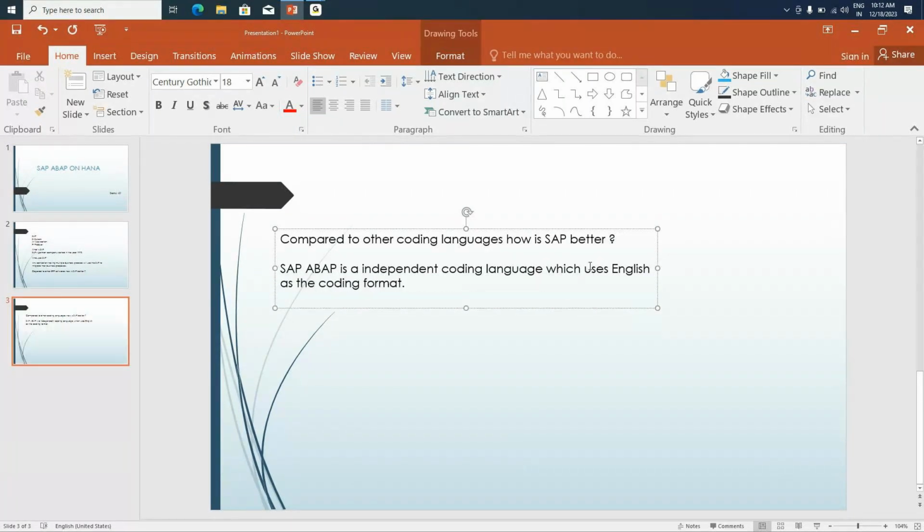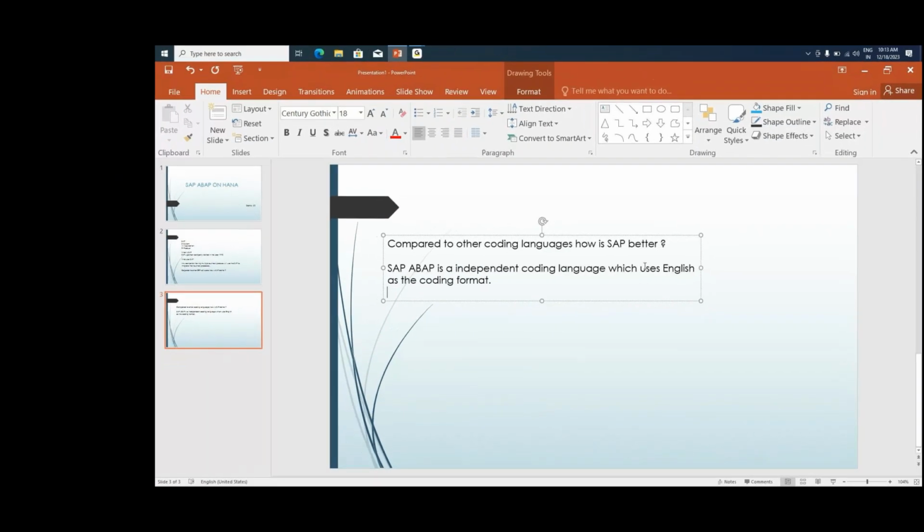That means we do not have any special code symbols like pipe symbols. We do not have flower brackets. We don't use brackets as such. We only write normal English terminologies to extract the data and to show the data. So it's just basic English. For example, if I want to extract any data from the database, I write select. If I want to update any data in the database, I'll write modify.